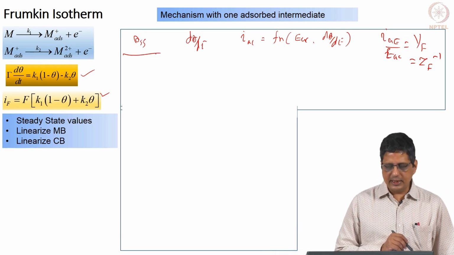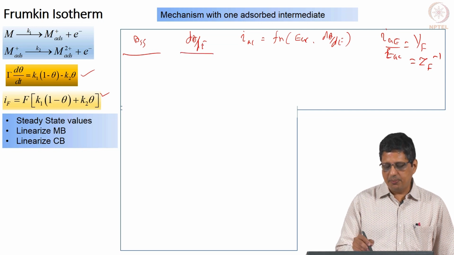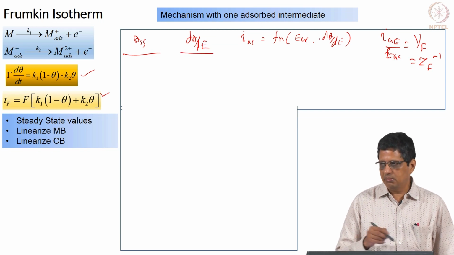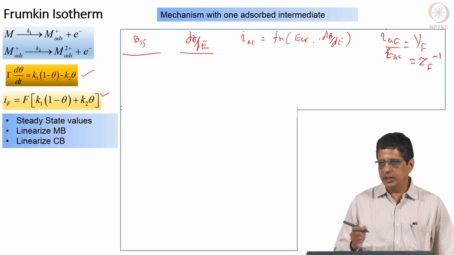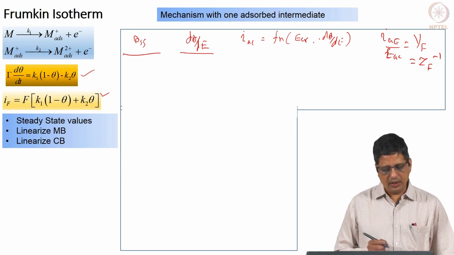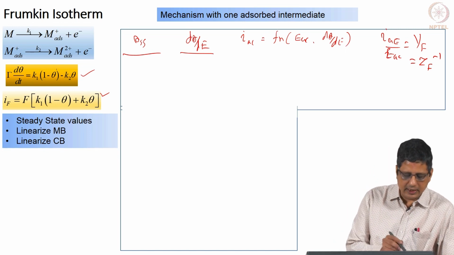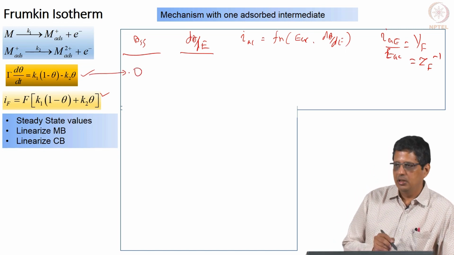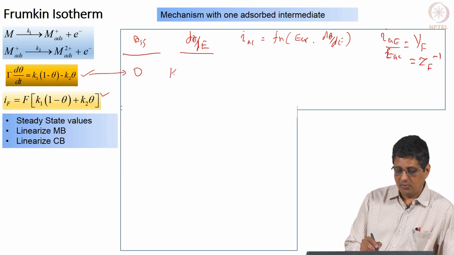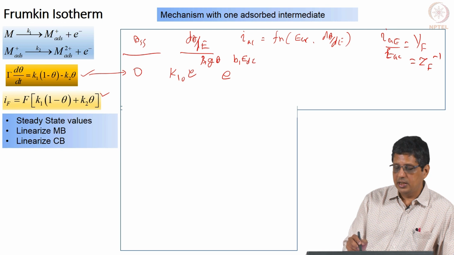So, the first step is to get the steady state value, the second step is to write these two equations and then linearize them, truncate, rearrange, get the values. So, I would like to get the steady state values. What do I do here? I take this equation, set this to 0, because potential is a constant, it is a DC.